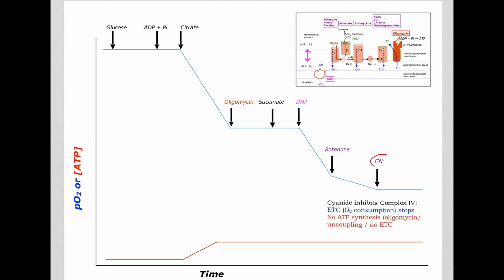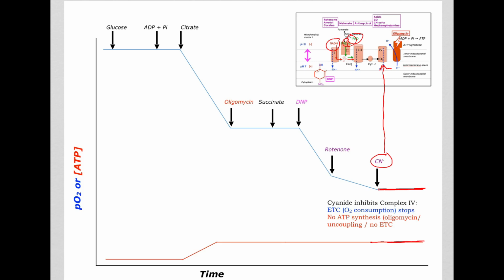Now, if we add cyanide, cyanide is an inhibitor of complex 4. So in this case, neither electrons from NADH or FADH2 can be accepted by oxygen, and electron transport chain activity completely comes to a halt.